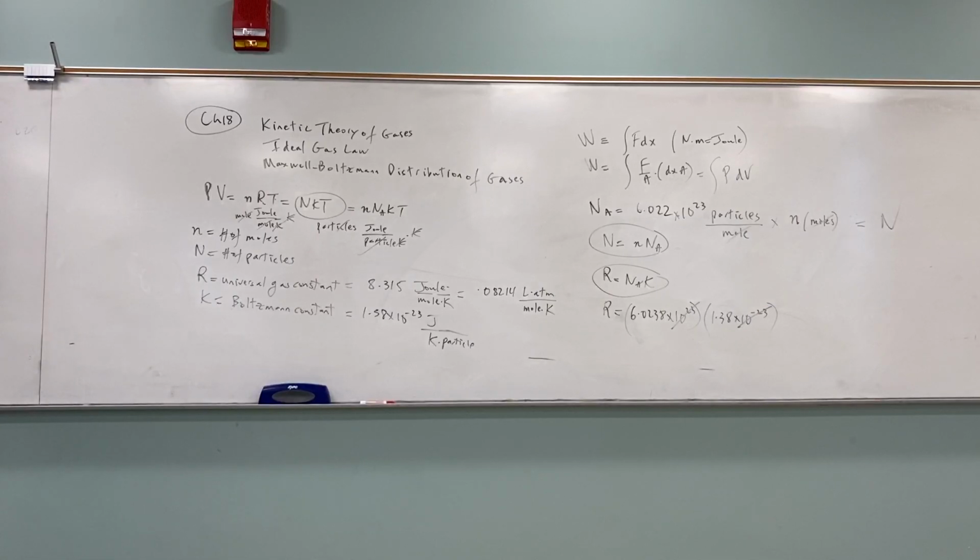Avogadro's number, okay. Now let's look up Boltzmann's constant. It's 1.381 times 10 to the minus 23.